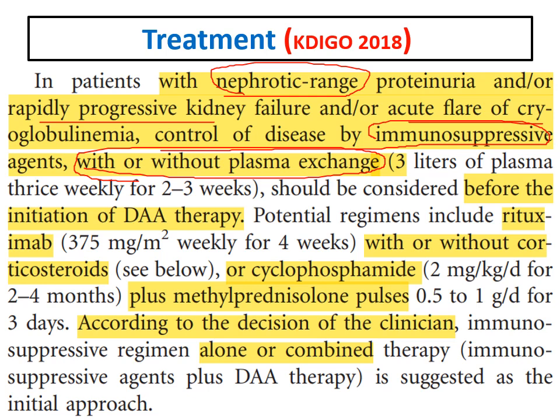Plasma exchange usually is used at a dose of 3 liters of plasma 3 times weekly for 2 to 3 weeks. This is the usual plasma exchange prescription. And this immunosuppressive and plasma exchange should be used before the initiation of direct antiviral drugs.